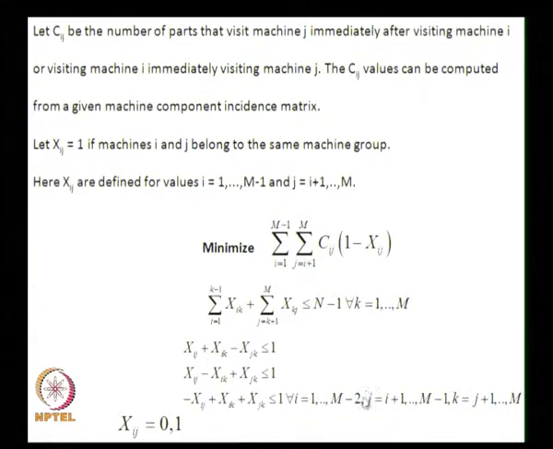This is given from i equal to 1 to m minus 2, j equal to i plus 1 to m minus 1, and k equal to j plus 1 to m for any i, j, k. So, in this case we will have i equal to 1 to m minus 2, which means i equal to 1 to 4, j will be for the corresponding i plus 1 to m, and k will be for the corresponding j plus 1 to m. So, this gives rise to a large number of constraints.